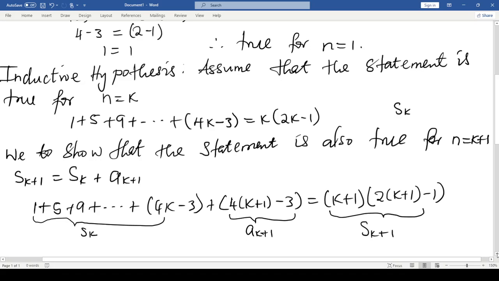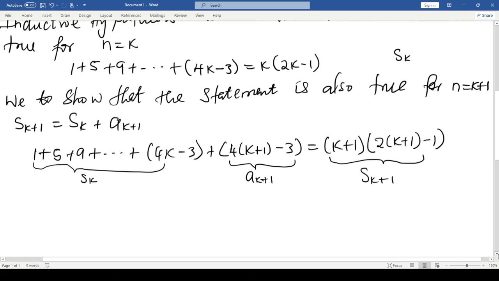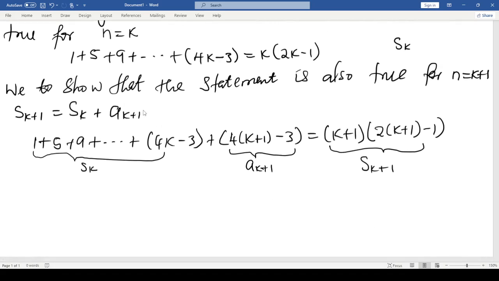Okay, so now what we just need to do here is to show that there's consistency even when we add the new term there. So meaning that here we're going to add this and this together to give us what we have on the right hand side. So meaning that what is sk here, we're going to substitute with the right hand side of the expression on the second step there, or on step number 2 rather.